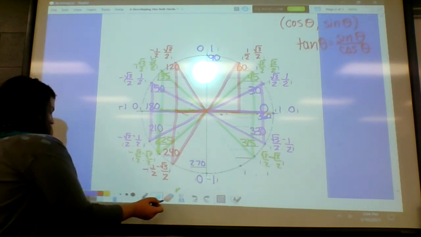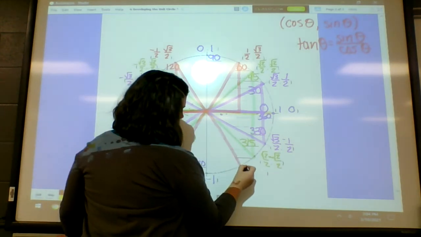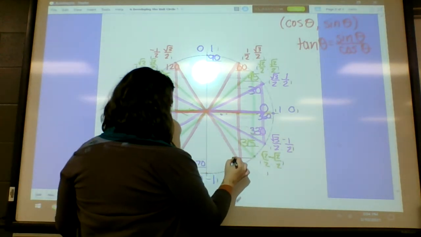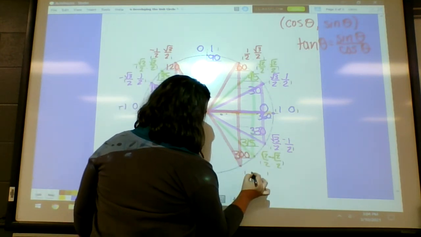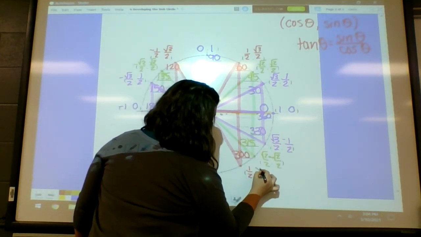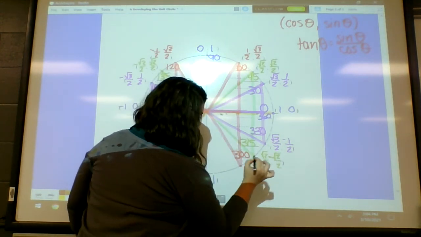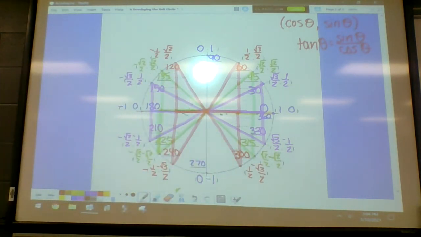All right, and last but not least, 4th quadrant, angle measure is 300. 1/2, square root of 3 over 2. Which one's negative? Square root of 3 over 2.